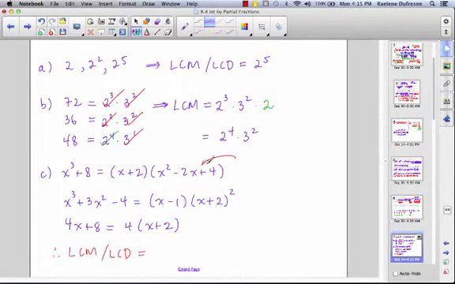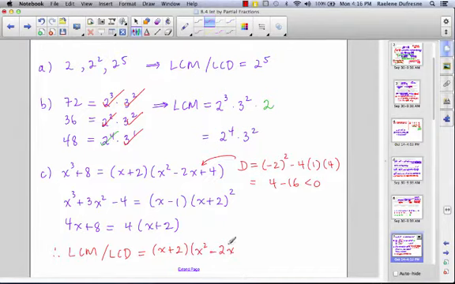I notice here I have a quadratic expression, and if I work out the discriminant, I end up getting 4 minus 16, which is a negative number, and therefore my quadratic x squared minus 2x plus 4 does not factor over the reals, and we will not be factoring over the complex numbers or doing any integration or calculus involving complex numbers. So I know that this is an irreducible quadratic, and so my first factors are going to be x plus 2 times x squared minus 2x plus 4.